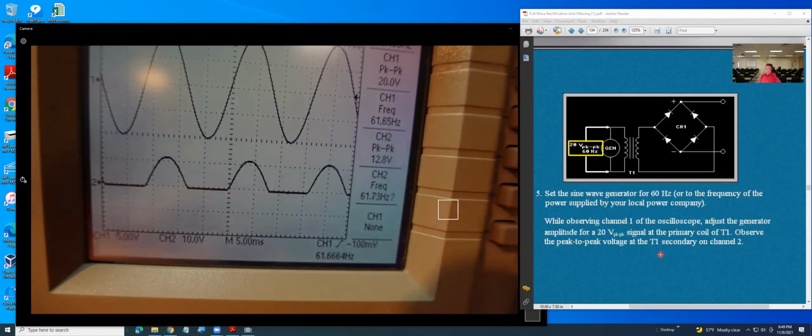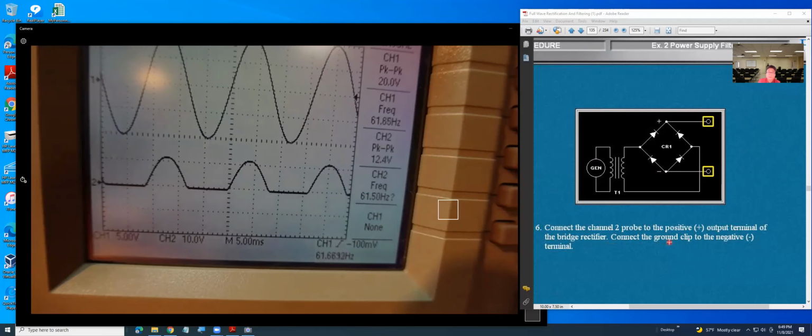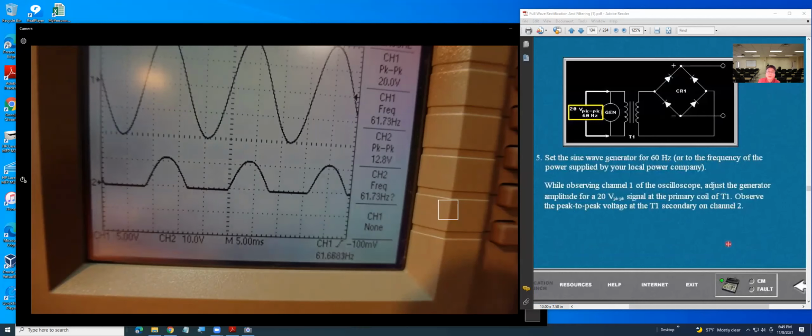Okay, let's see what they want me to do. Connect channel 2 probe to the output terminal of the bridge rectifier. Connect the ground clip to the negative. So basically, if you look at this circuitry, they are not connected to the resistor, right?